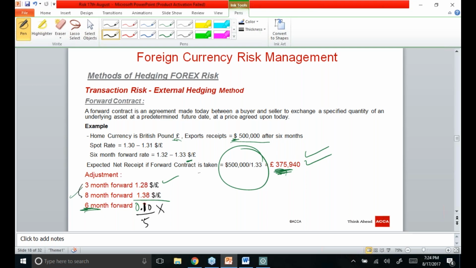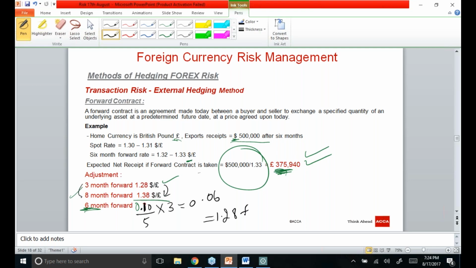So if this is a difference of 5 months, well, what will be the difference of 3 months? Obviously, it will be 0.06. Now, add or less this difference to the base rate. If trend is increasing, obviously the trend is increasing, add that difference to the base rate, and if trend is decreasing, deduct that difference from the base rate.